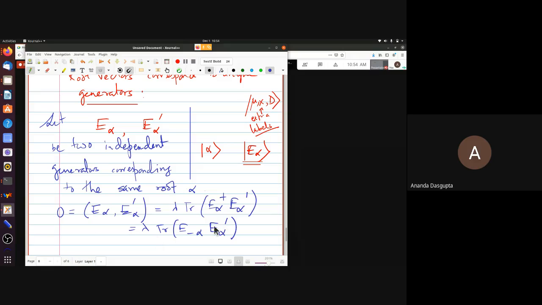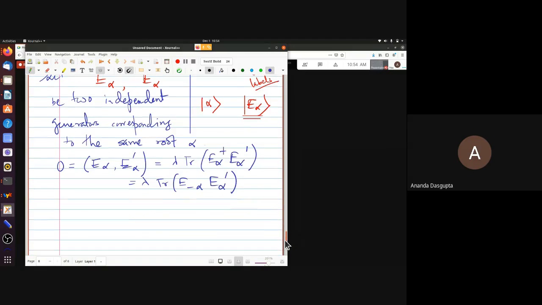So we have chosen this E alpha and E prime alpha in such a way that the trace of E minus alpha, E prime alpha is 0. Now, let's take the inner product of Hi with E minus alpha, E alpha prime.